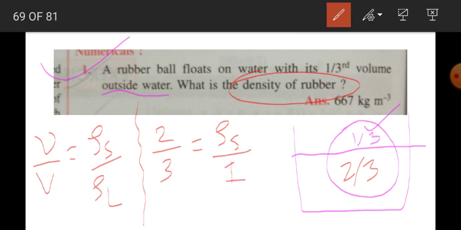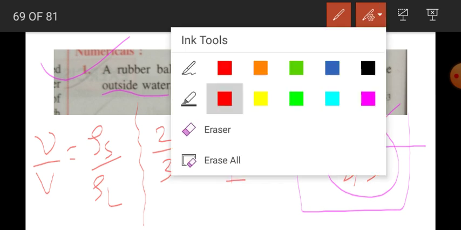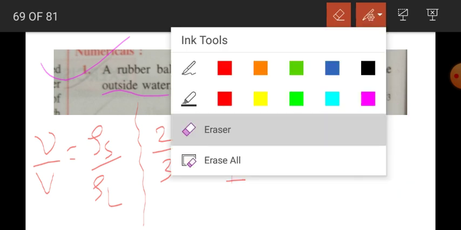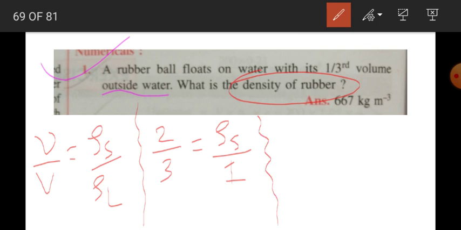Now let me erase this part, I don't need it now. I hope you understood the diagram over there. During the lecture I solved this numerical, but I am solving it once again. So this will be 0.667.